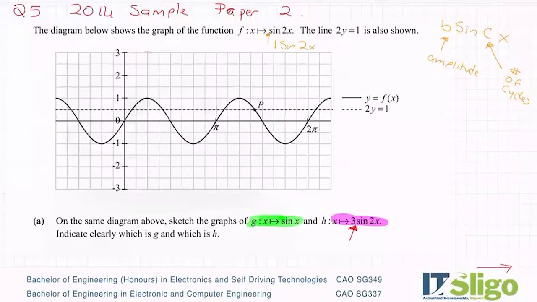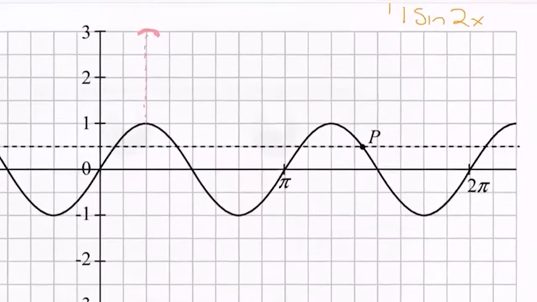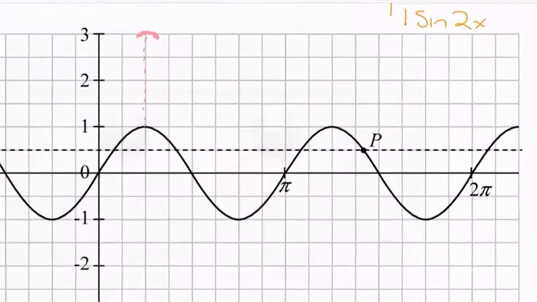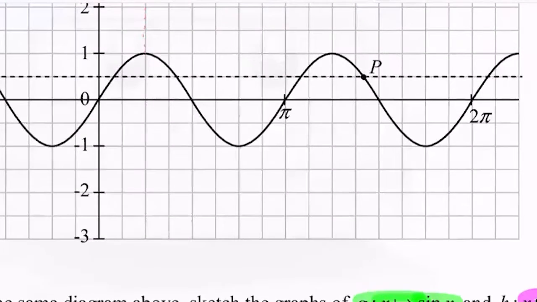What I draw is I draw the peak up here, so if you can see what I'm doing, I'm going directly up from where I am. And in the same way with the trough, I'm going down here. It crosses the x-axis at the exact same points.